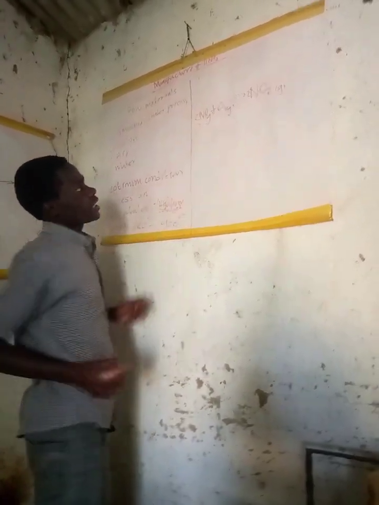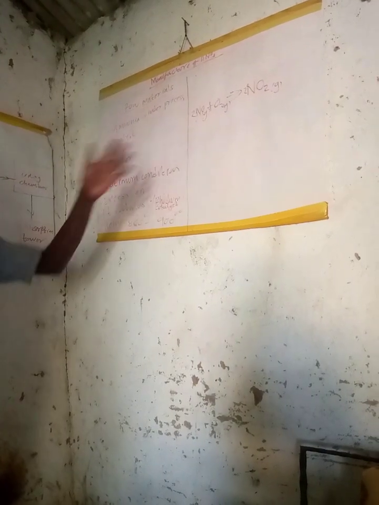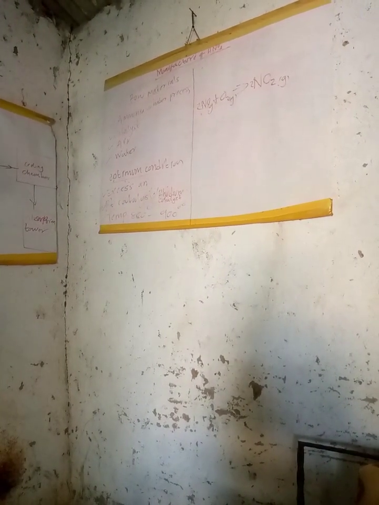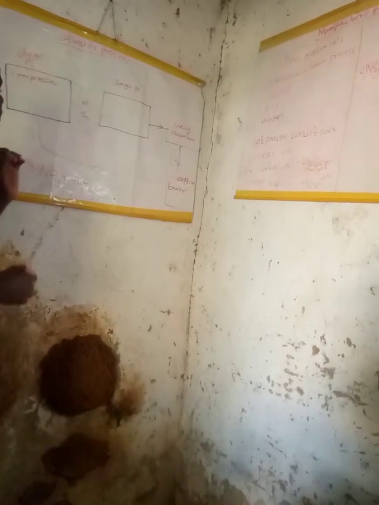The equation must be balanced. That is the equation that occurs at stage B. This is another question that you can be asked: write the equation that occurs at stage B.